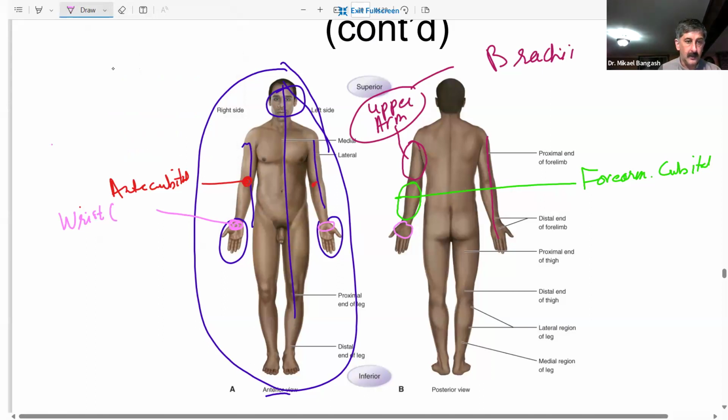Technically, that's what we can call the carpus. Or we may just use the word carpal, which is a term that in technical language means wrist. Okay. Now, guys.